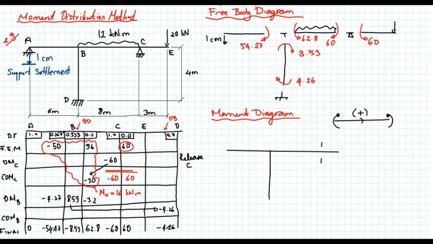So that's point C. That's A, B, and D. So I have a negative moment at the end of member AB. There is no loading, there will be a linear variation. This is minus. So at member BC, both ends has negative moments.